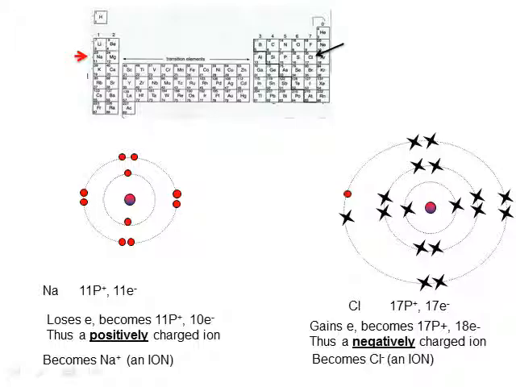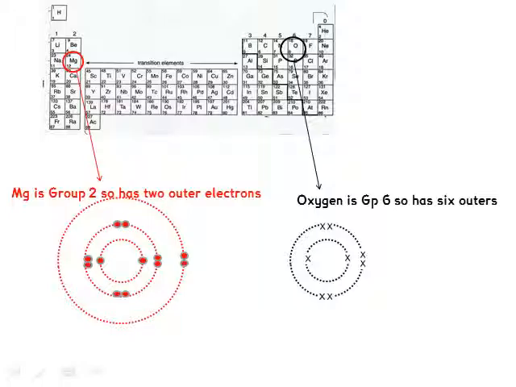Because the two are oppositely charged, the sodium is positive and the chloride is negative, because opposites attract, the two will bond together. We see a similar situation with magnesium and oxygen.